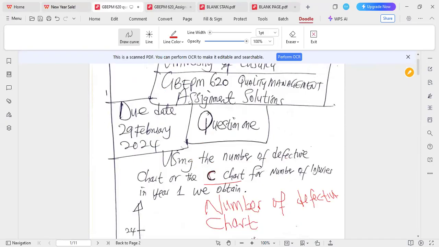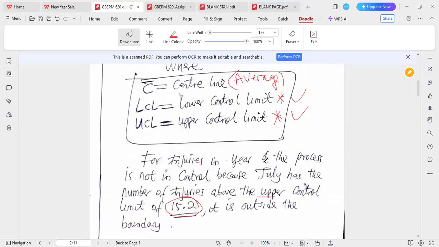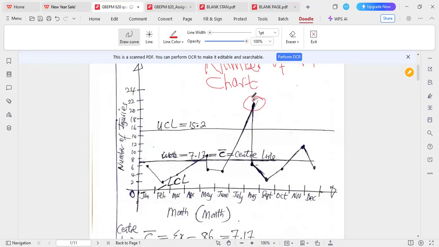After plotting, July is outside the control limits.